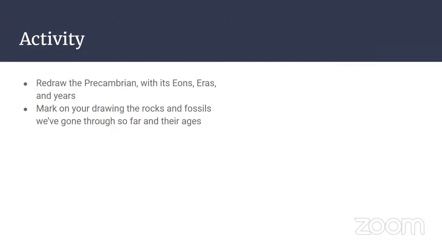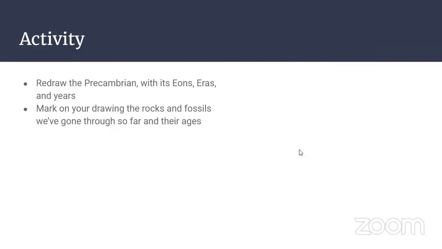I want you to go ahead and start reviewing the chunks of the geologic timescale that we have done so far. So specifically, I want you to go consult that geologic timescale and make sure that you can redraw the Precambrian. Make sure you know what the Precambrian is, what the eons are, what the eras are.